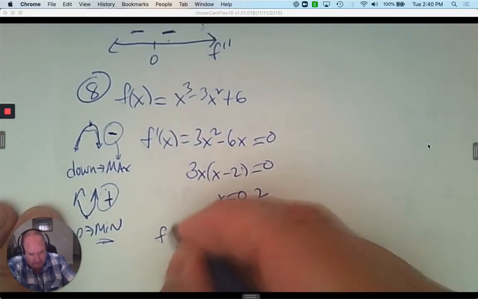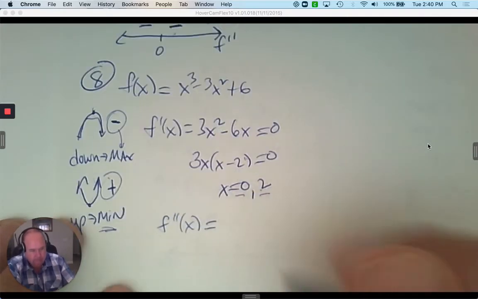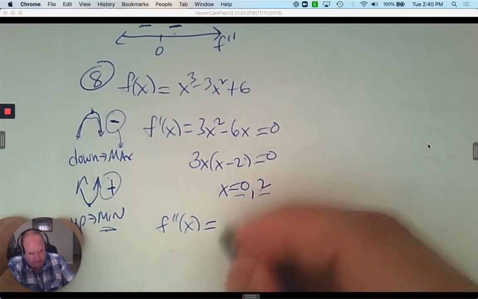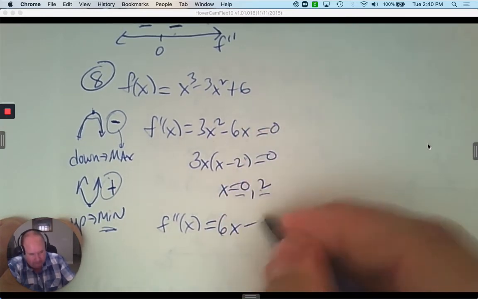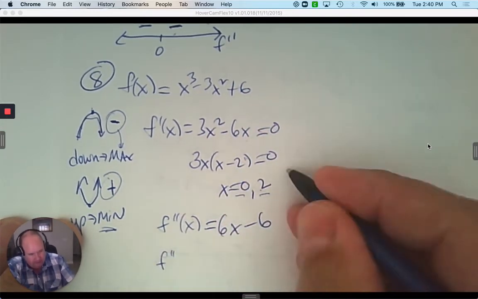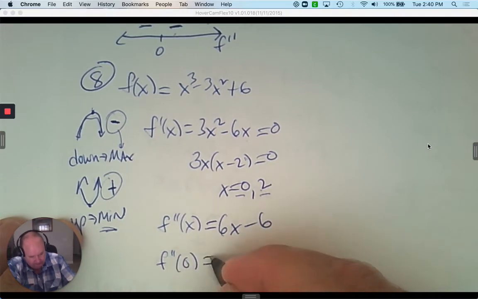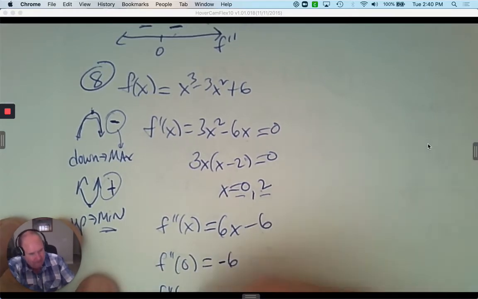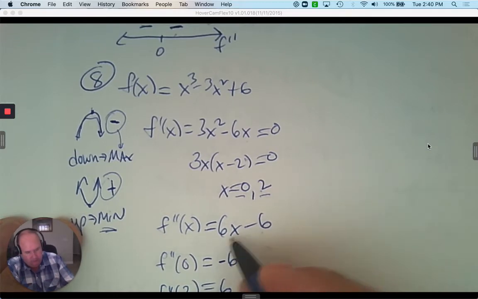So when you take the second derivative, it's 6x minus 6. When I plug in 0 here, 0 gives me a negative answer. When I plug in 2, it gives me a positive answer, because 12 take away 6 is 6.